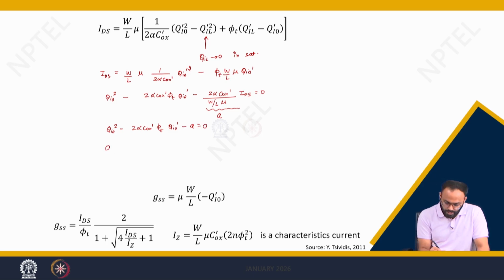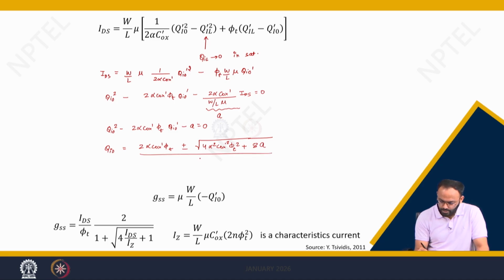You can solve this quadratic equation as QI dash 0 is equal to 2 into alpha into COX dash into phi t, plus or minus square root of 4 alpha square COX dash square into phi t square, minus and minus plus, this is 2 into alpha, so it is 8 into A divided by 2. So you will be left with alpha into COX dash into phi t, take out, you will be left with 1.